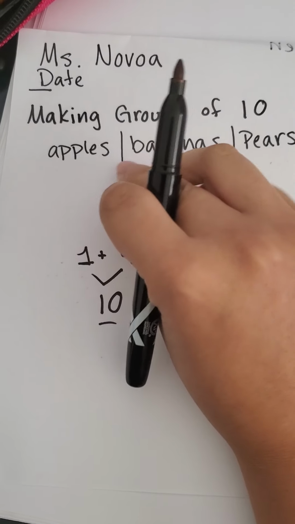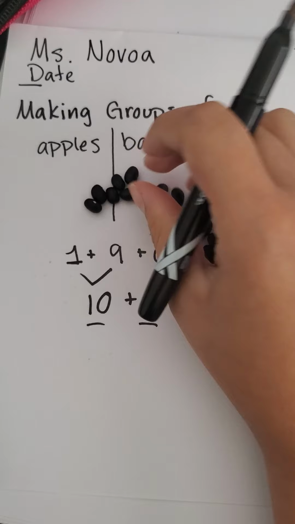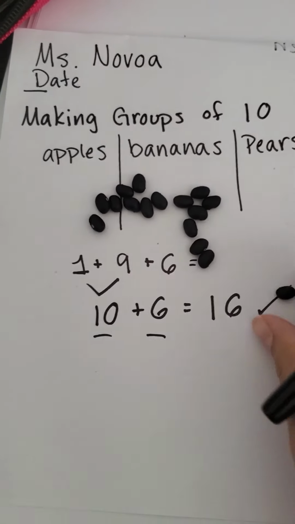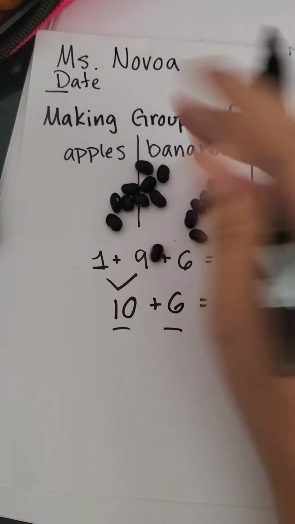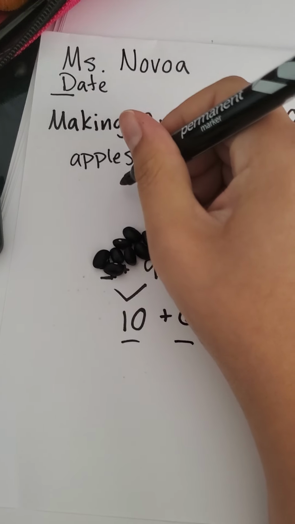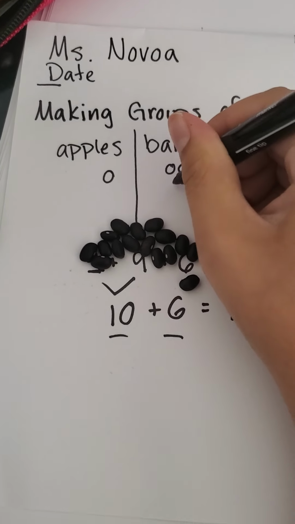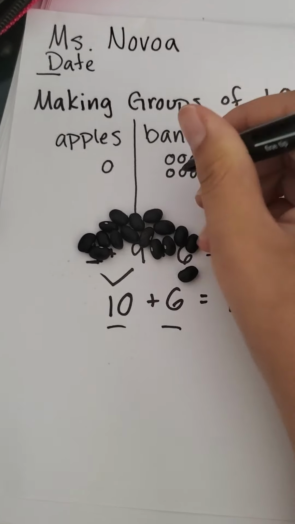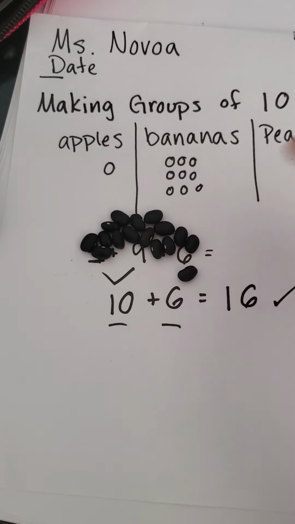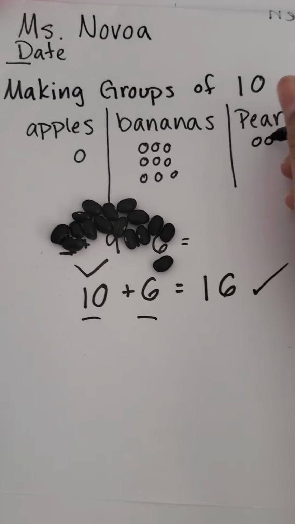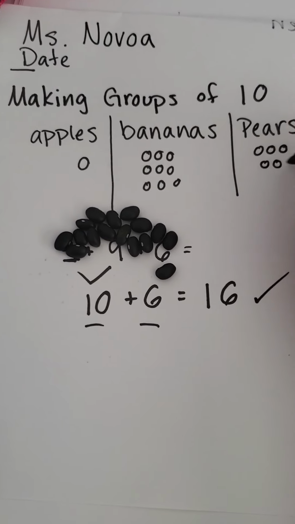Remember, if you don't have beans or macaronis or something to work with, you can always draw your pictures, right? 1 apple, 9 bananas, and 6 pears.